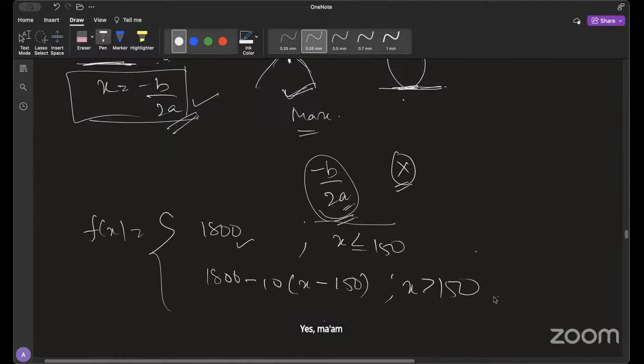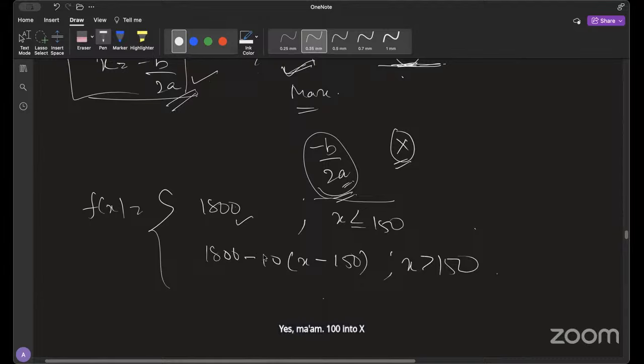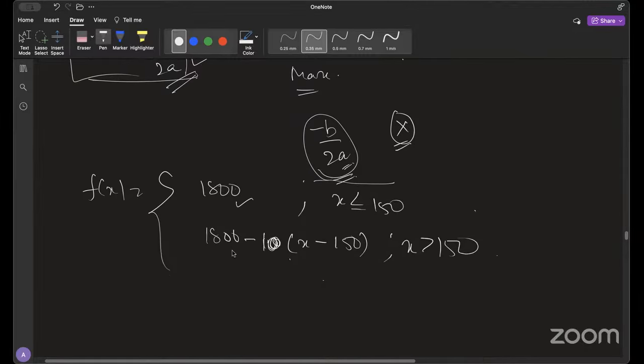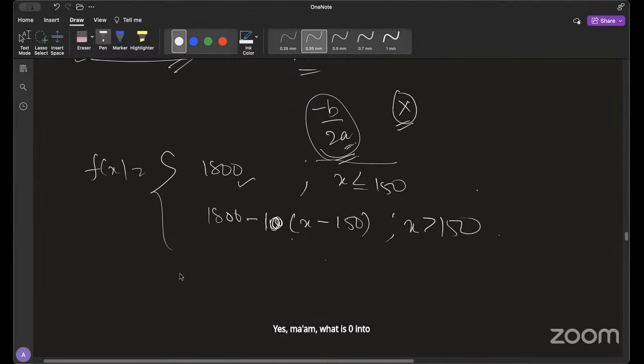Yes, ma'am, 1800 into x. That you didn't write there in the function.